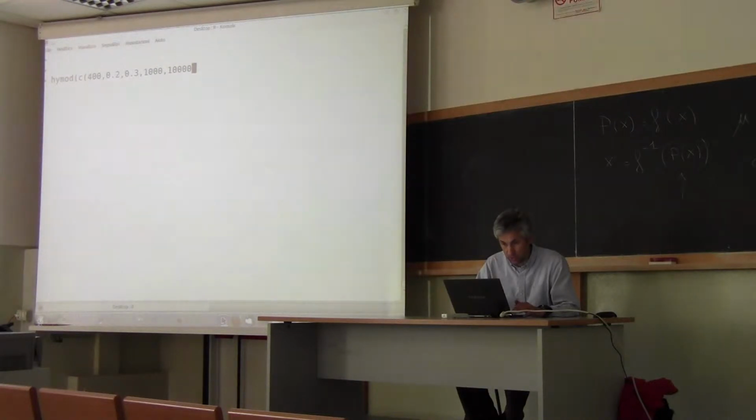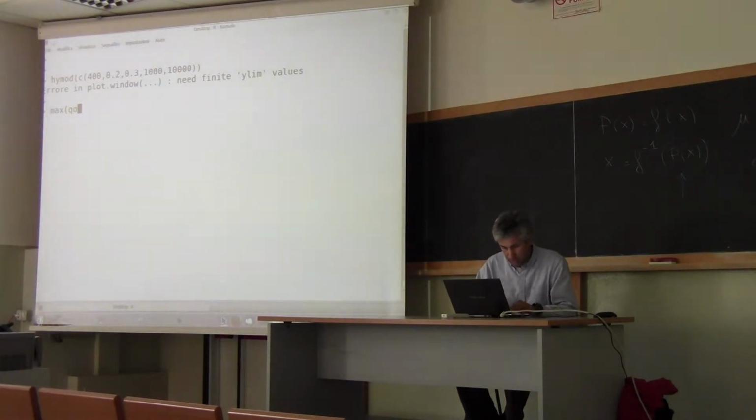1,000 and 10,000. I'm just guessing, okay? Yeah. Okay, here there is a problem because with this parameter guess, basically I got infinite values in the simulated river flow. So, of course, this is not a good thing.